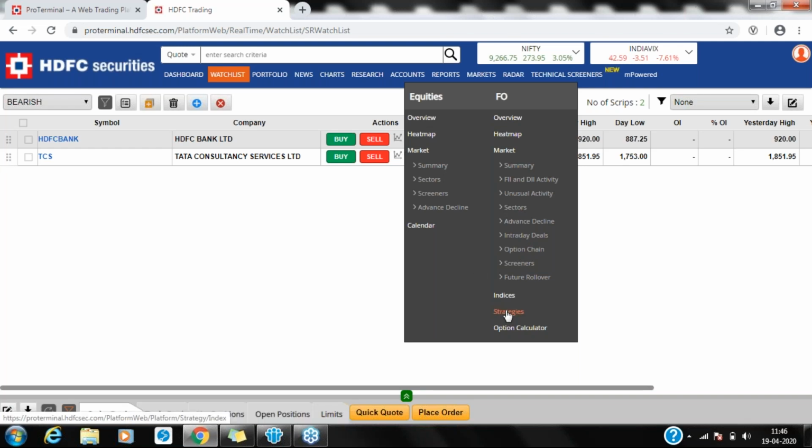So we will start with our option strategies section. Once you have opened your Pro Terminal, you have to click on market, and in market you have to open strategies. Just at the top of option calculator, at the bottom you can see a strategy under FNO section.